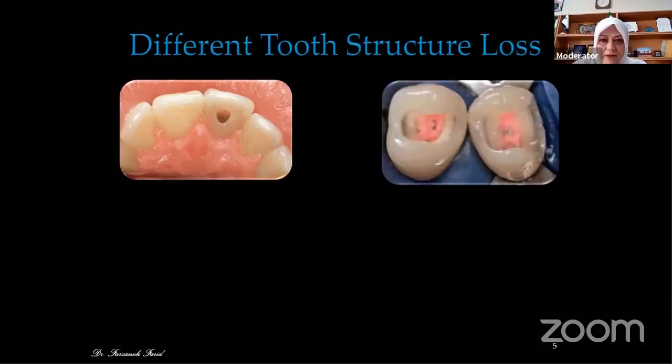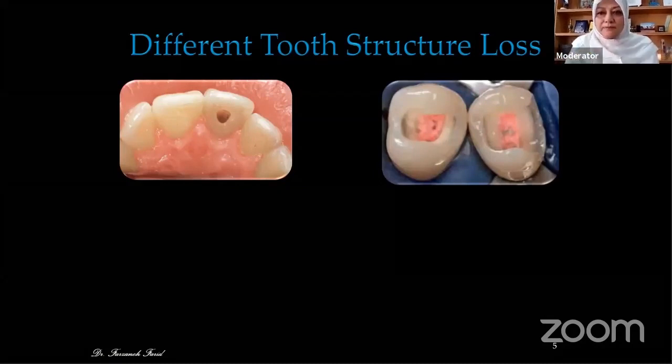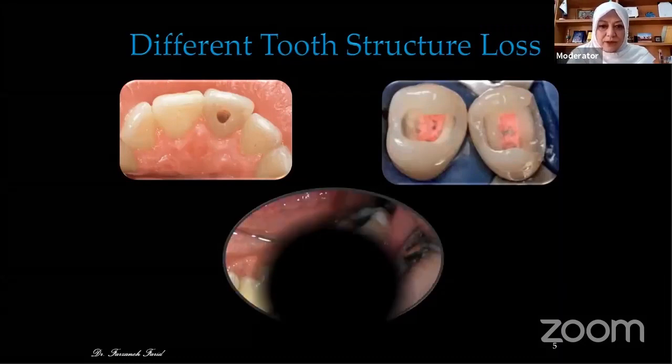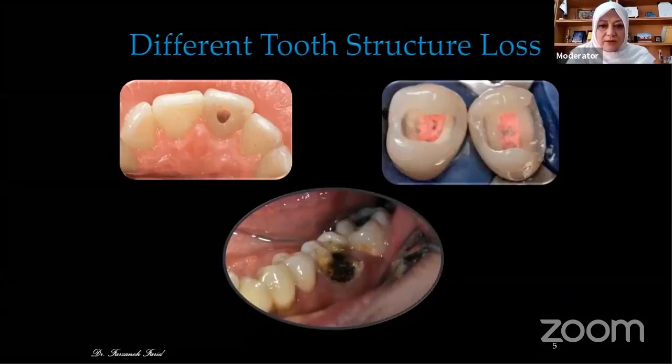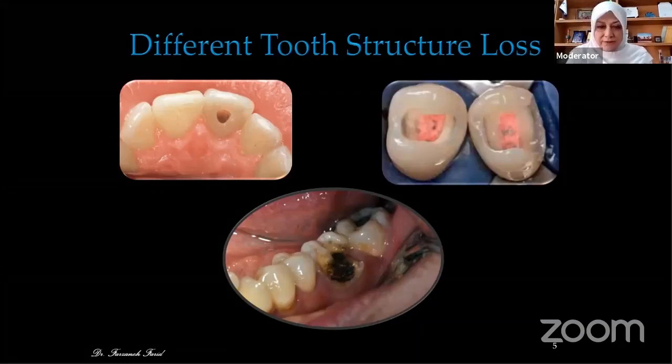Here we have an occlusal cavity larger than the access cavity, and the second premolar has marginal ridge loss plus the occlusal cavity. This tooth has lost more than half of its structure. Now, the question is, shall we follow one protocol for restoring all these different cases?